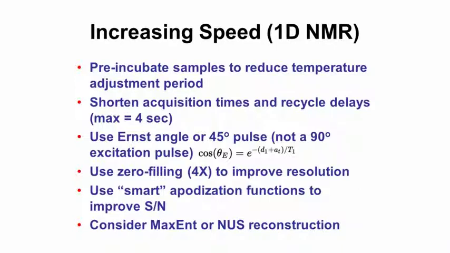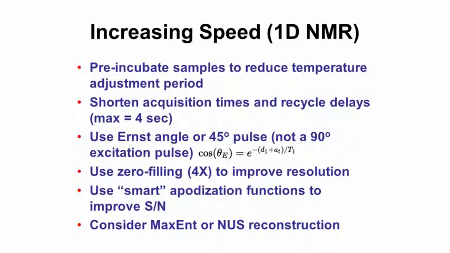Zero filling is an important thing that's often done to improve your resolution, reduce some of the noise. Not all people do that, but it is wise to do that, and many of the software tools support that. There's also smarter apodization functions that you can use. So not just simple line broadening, but you can also use sine bell curves and other things that actually seem to enhance the signal somewhat.